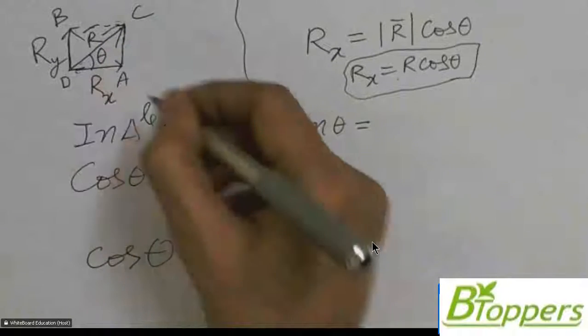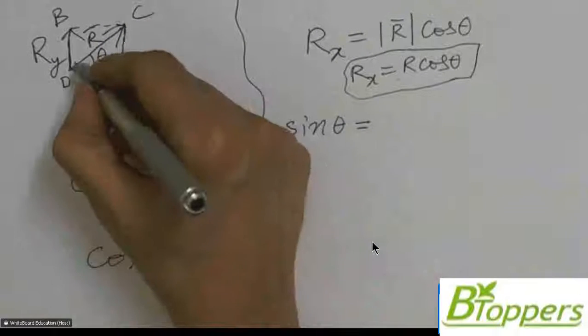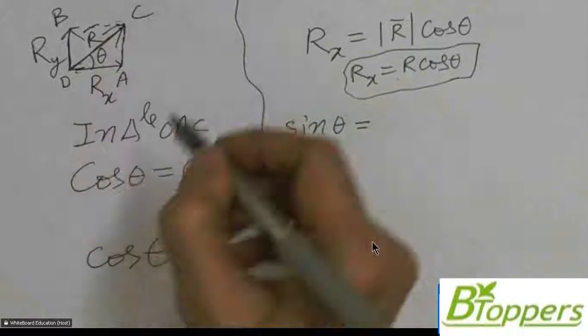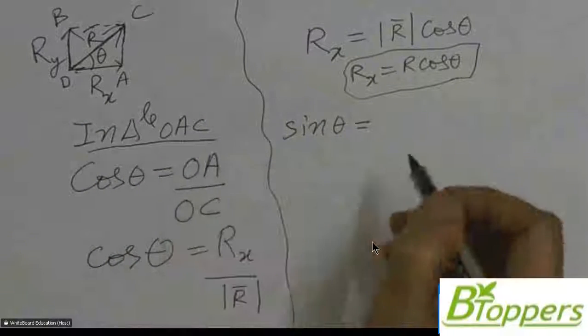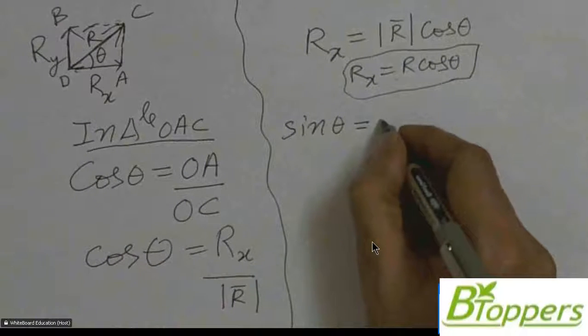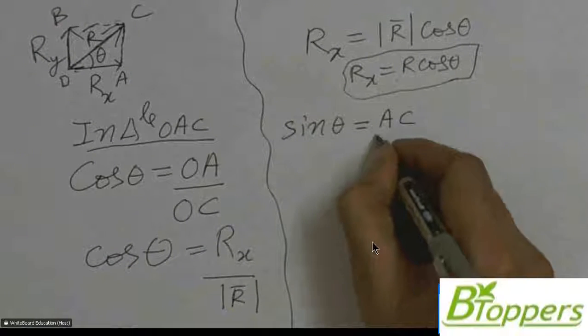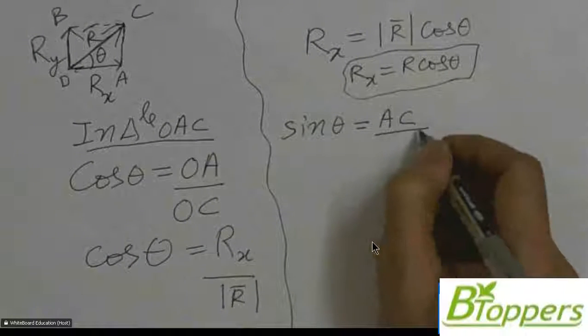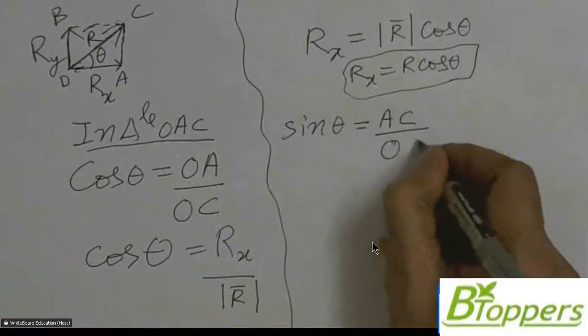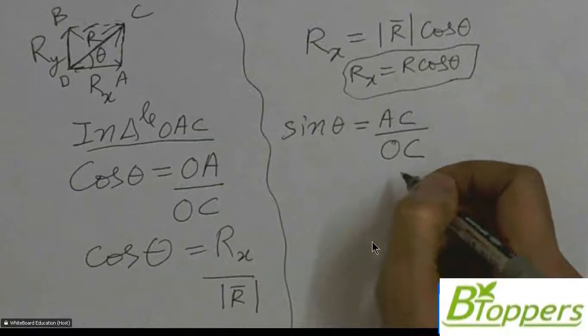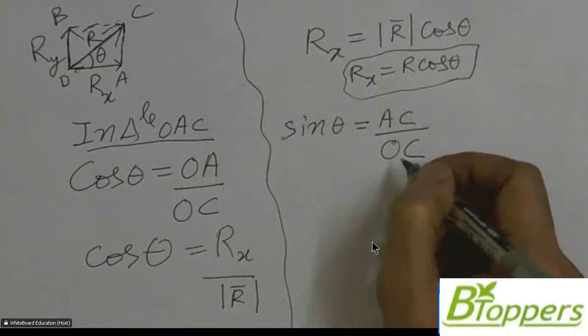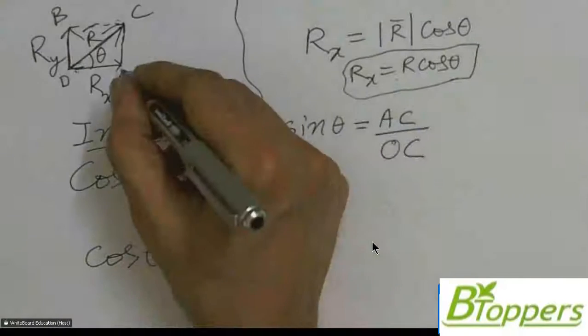Here AC is the side opposite to the angle theta, OC is the hypotenuse side. So sin theta can be written as AC by OC.